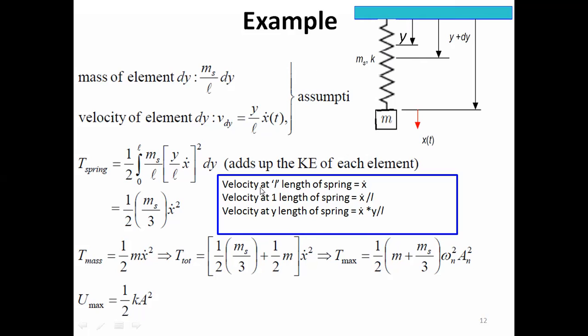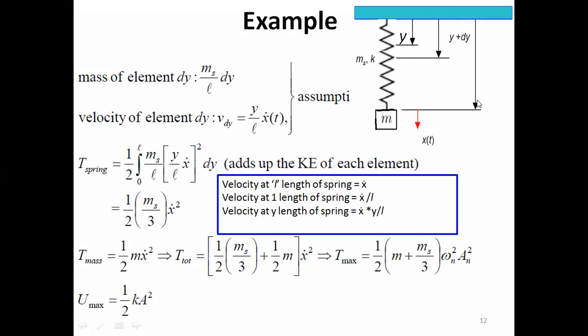The velocity of the spring at length L is equal to x dot. If we move from here, what is the spring length here? 0. If we move in the downward direction, that is y. In the downward direction, y is increasing, and when we reach here, this is the length of the spring.